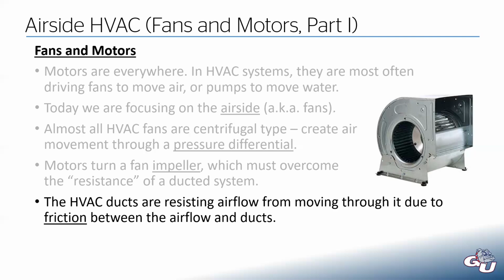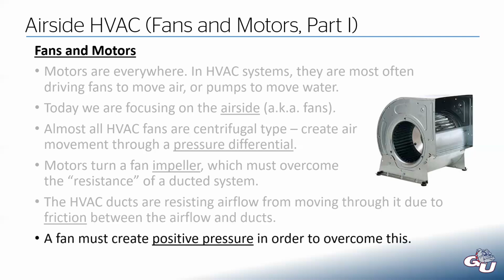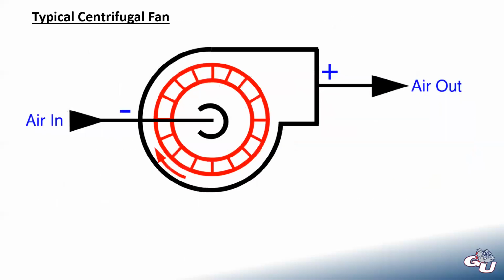I mean, the longer the duct runs you have, the more resistance will have to be overcome by the fan to move the air. And that's all just due to the friction of the air moving through the duct. So to get over that resistance, the fan has to create a positive pressure to overcome that friction throughout the entire ducted system.